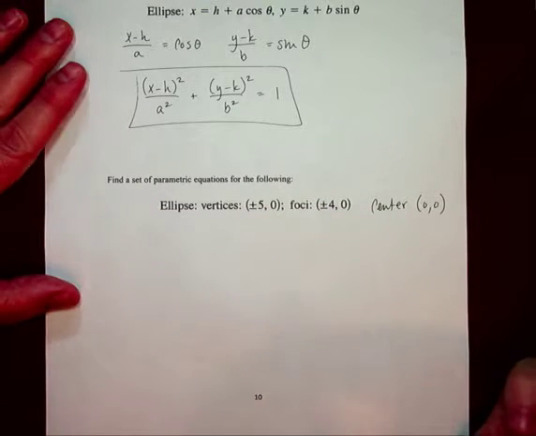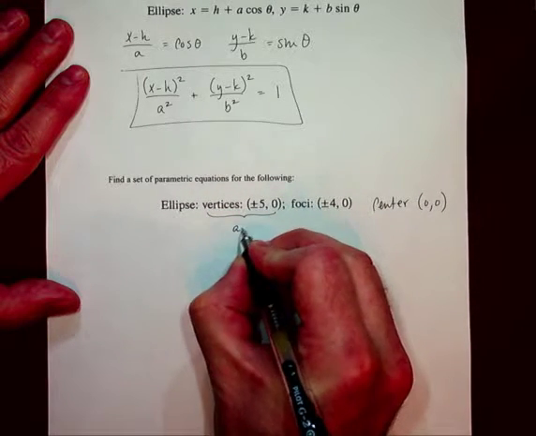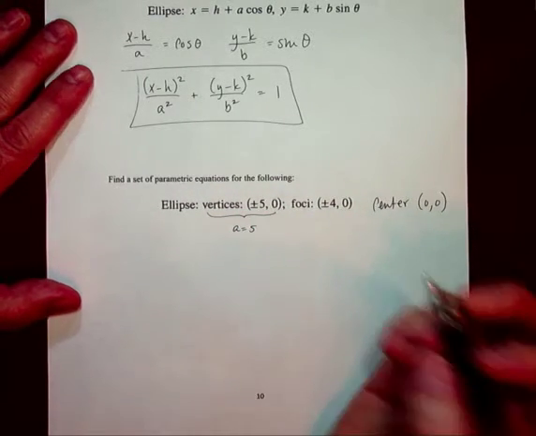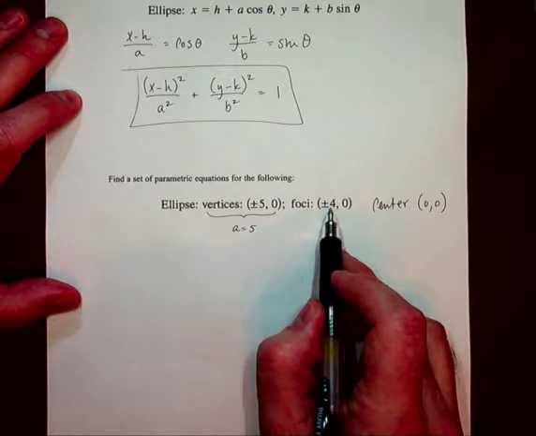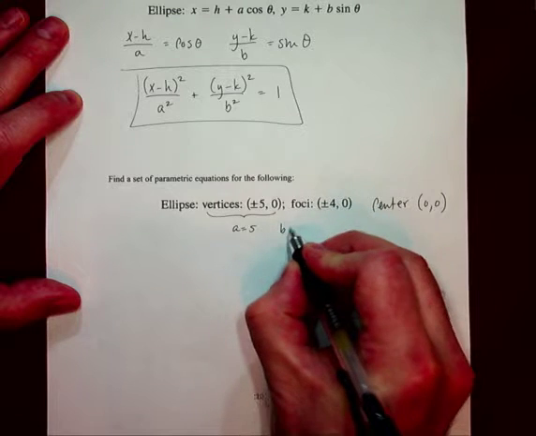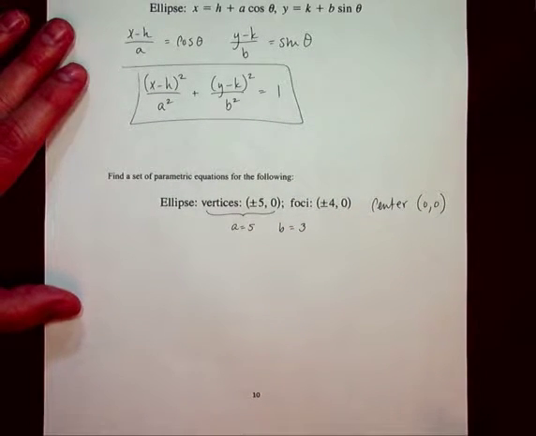And so what we have here is we recognize from here that a is equal to 5. And basically, if we have 5 as the hypotenuse and 4 as one of the legs, then b is obviously going to be equal to 3 because it's going to be a 3, 4, 5.